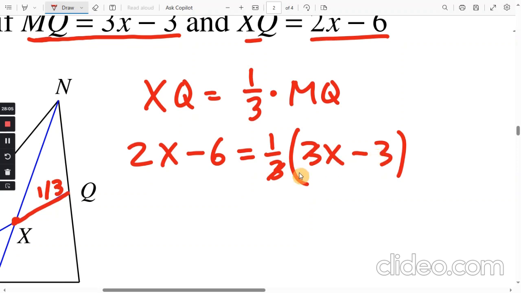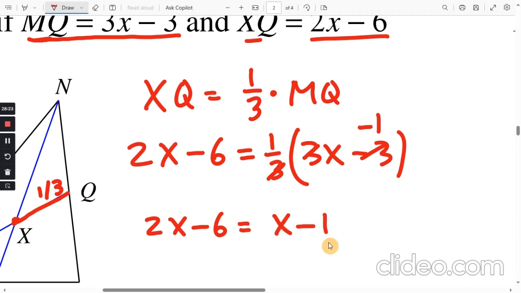And negative 3 divided by 3 is just negative 1. All right, so we have 2x minus 6. And that equals 1, but you don't need to multiply by 1. And in parentheses, we have x minus 1. All right, the 3's cancel.